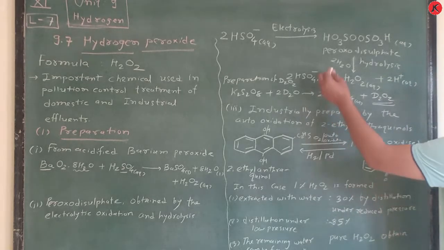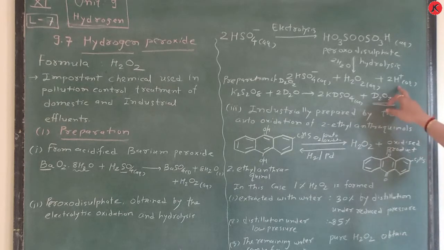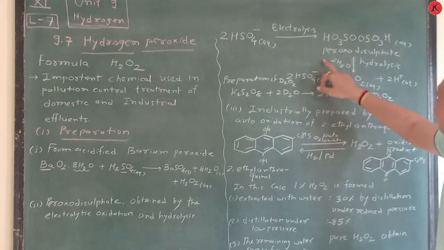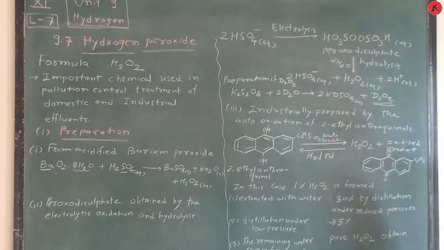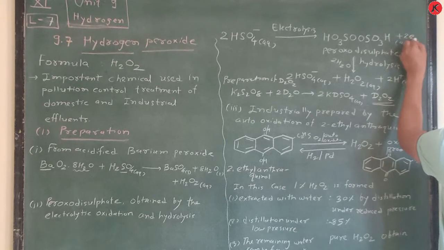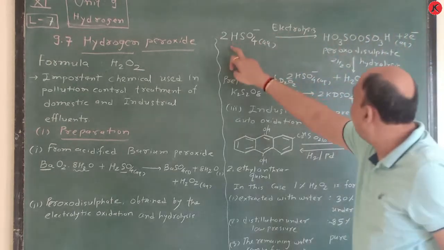These 2 electrons are released because an oxidation reaction occurs. Due to that you have to write 2 electrons, and you have to balance this. It is required to write 2 electrons here because oxidation reaction occurs, and according to this you write minus 2 here and also minus 2.